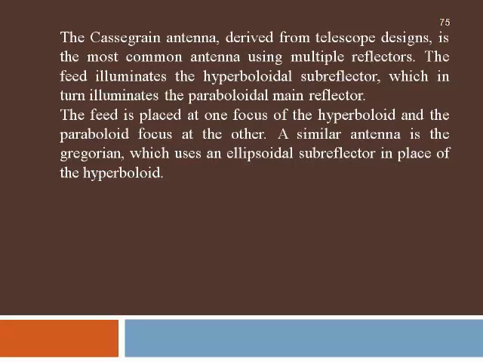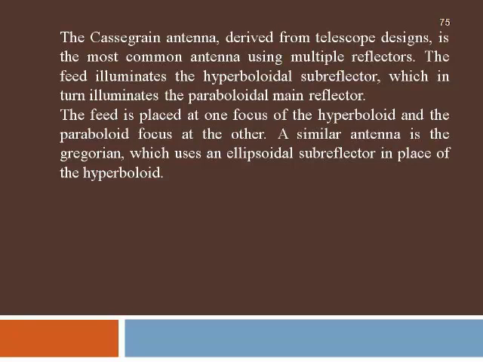The Cassegrain antenna, derived from telescope designs, is the most common antenna using multiple reflectors. The feed illuminates the hyperboloidal subreflector, which in turn illuminates the paraboloidal main reflector. The feed is placed at one focus of the hyperboloid and the paraboloid focus at the other.